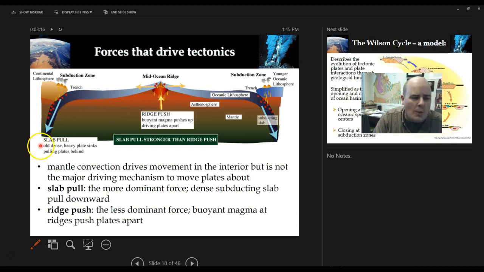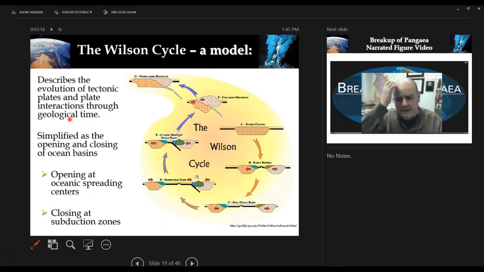Okay, so it's not going down yet, and because of that, it's pushing both the continental crust and the oceanic crust in one direction. Therefore, we only have ridge push, therefore going slower. Okay, slab pull is a lot stronger than ridge push, and therefore it has a lot faster speeds associated with it. Okay, so this goes to this idea of what we call the Wilson cycle.